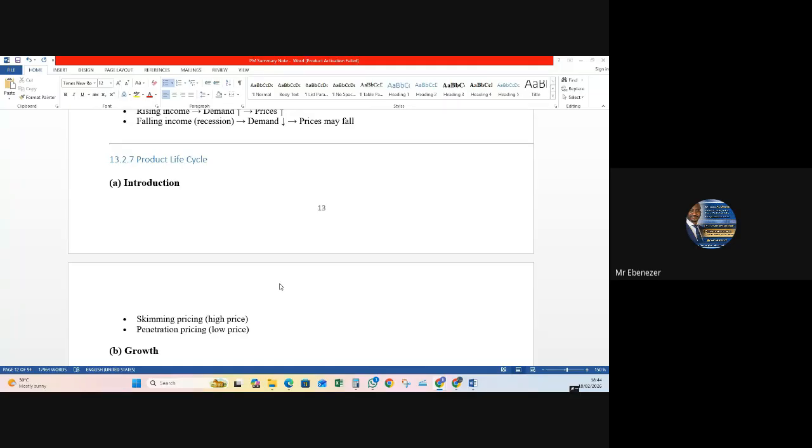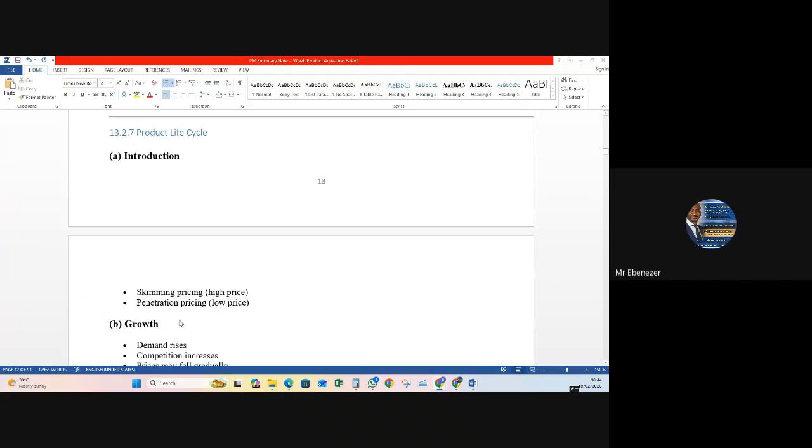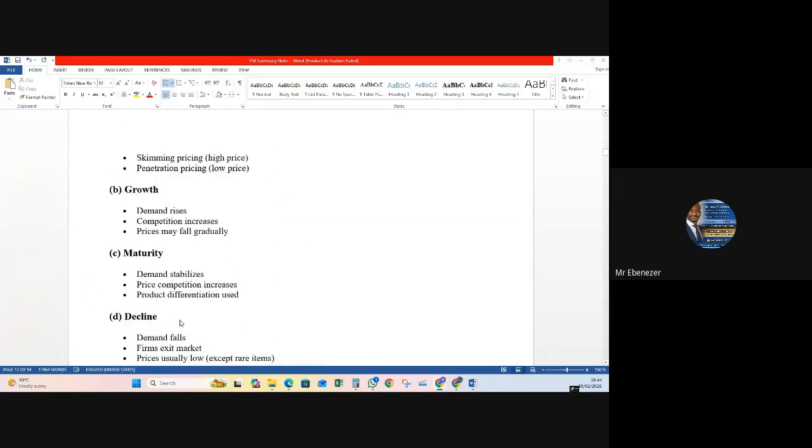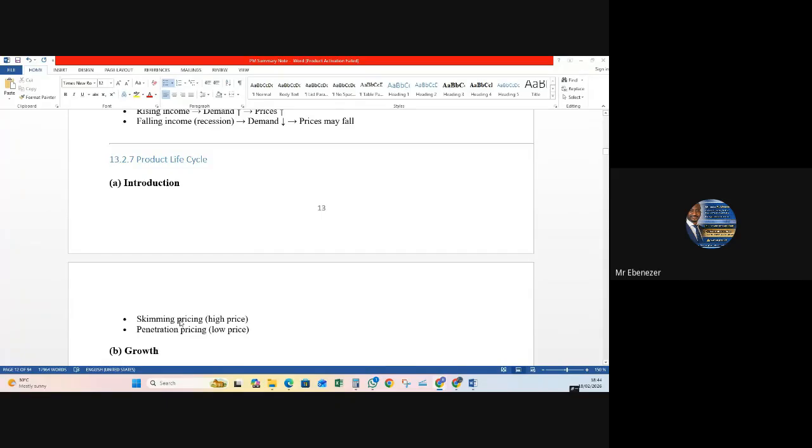Now, at the introductory stage, there are some costs you incur, a lot, all right? And then as you are growing, we have different stages. When we say product life cycle, it means from the introduction of that product to the market up to withdrawal, right? So what are those stages? We have the first one, the introduction. We have growth, right? We have maturity. We have a decline stage.